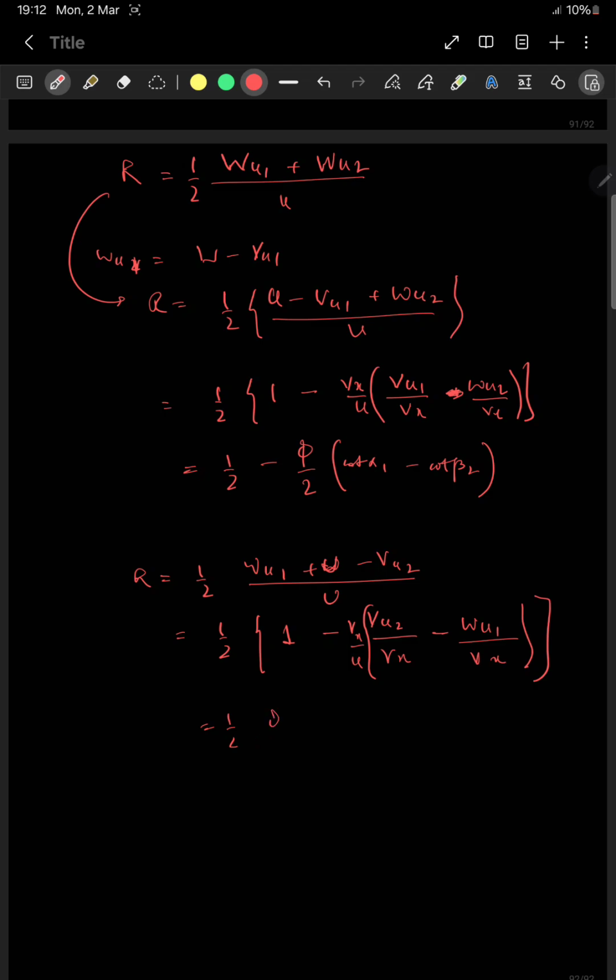So this will be half minus phi by 2, this is cot alpha 2 minus cot beta 1, right?